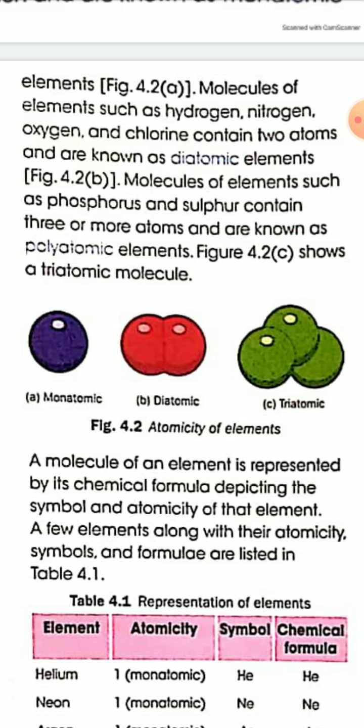Molecules of elements such as phosphorus and sulfur contain three or more atoms, and they are known as polyatomic elements.